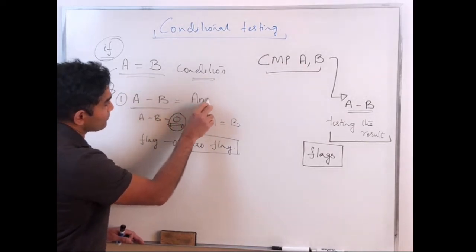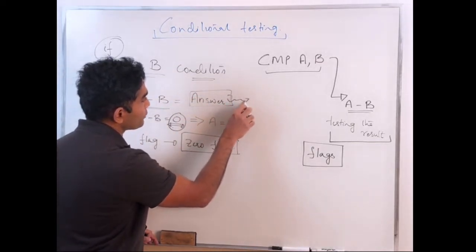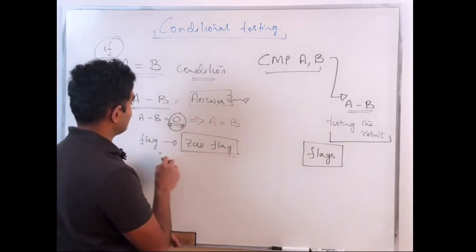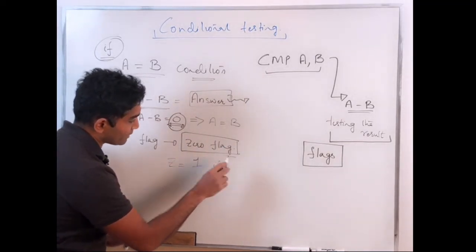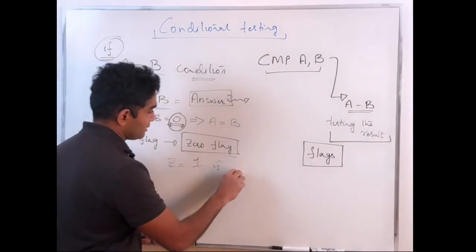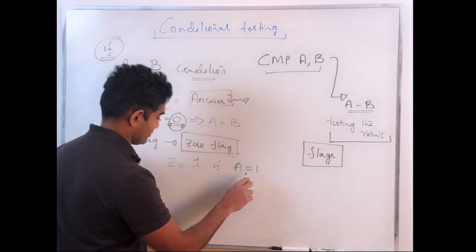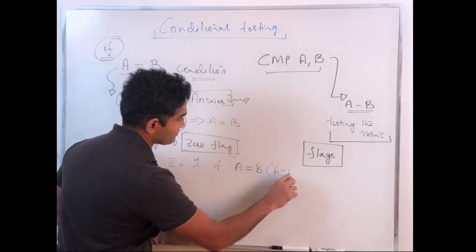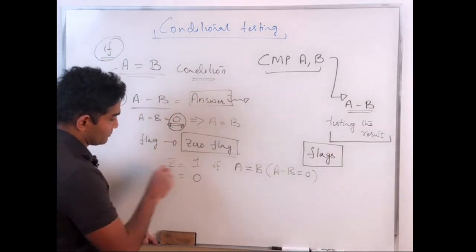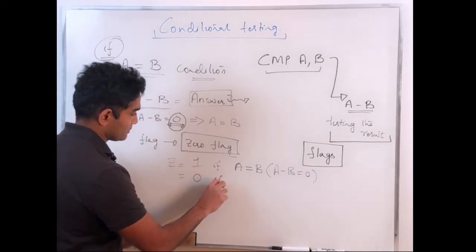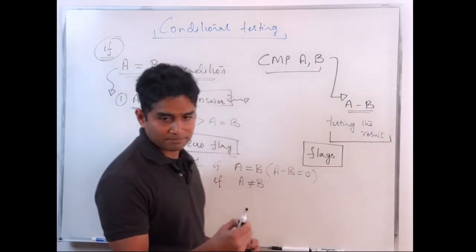From that answer, I want to produce a 1-bit indicator called the 0 flag, which will be set, so Z equals 1, if A is equal to B, or alternatively if A minus B results in a 0. Z is 0 if A is not equal to B. That's how I define my 0 flag.